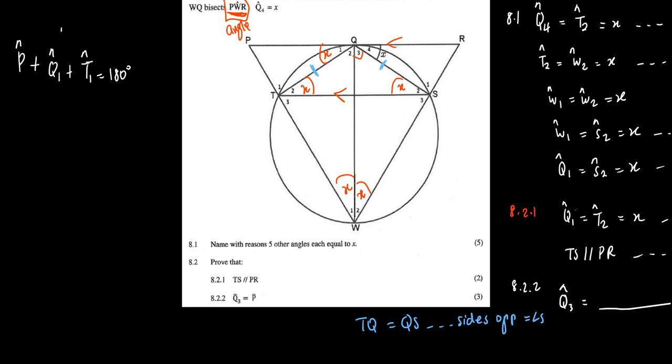So that is in triangle PTQ, right? So these are the sum of angles in a triangle. Are we okay here? Now, we do not know angle P, but we know that Q1 is X, and then we do not know T1.